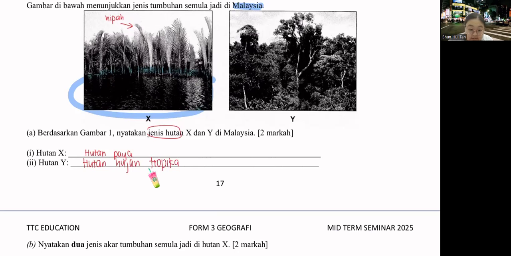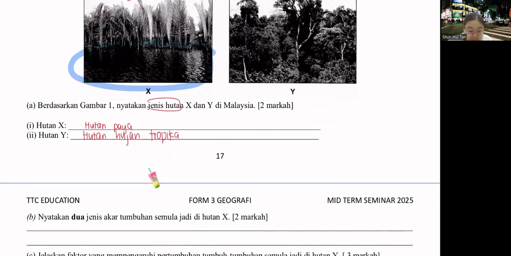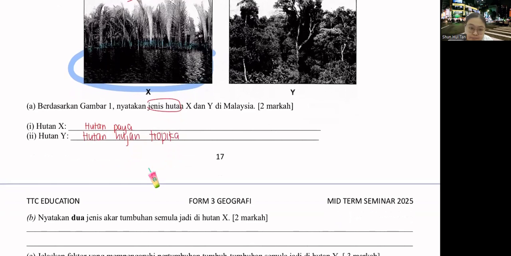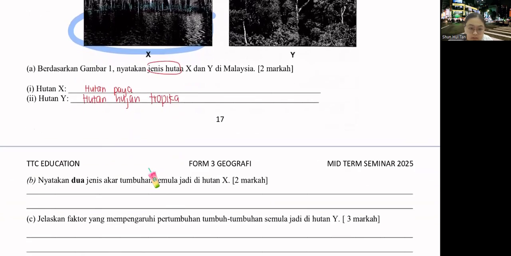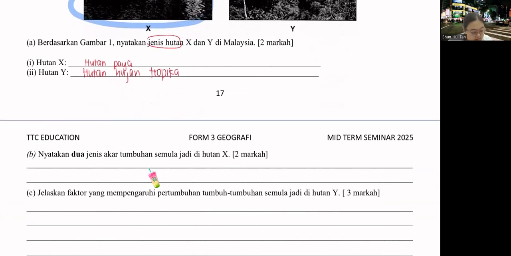All right, now let's come back here. See what we have. Nyatakan dua jenis akar yang tumbuh di X. What is the akar we have for X? Hutan paya. Akar jangka and akar ceracak.